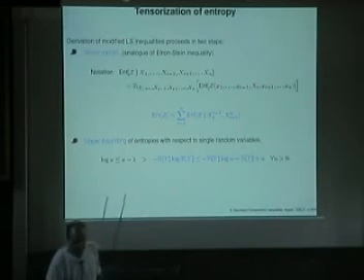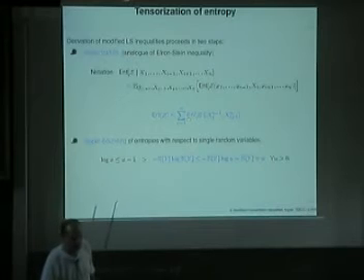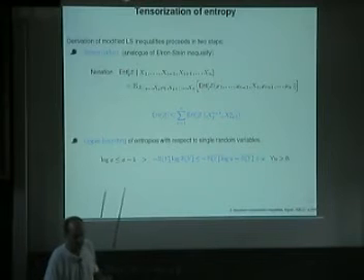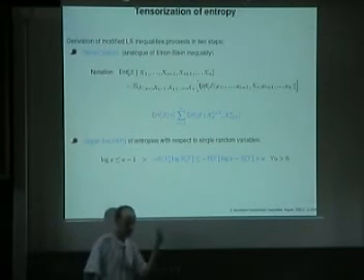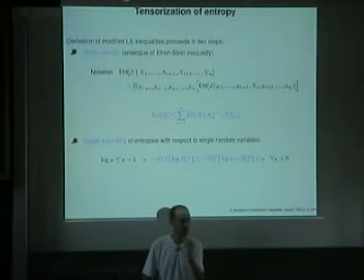So this is the expectation with respect to all random variables except one, xi, of the entropy of Z with respect to the remaining random variable xi, given that all others are fixed.